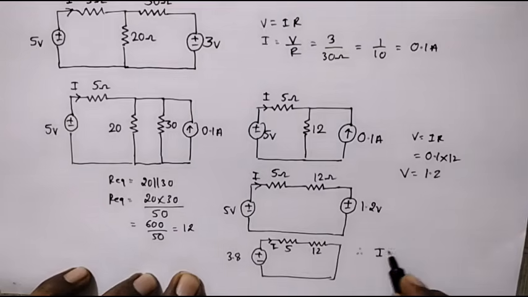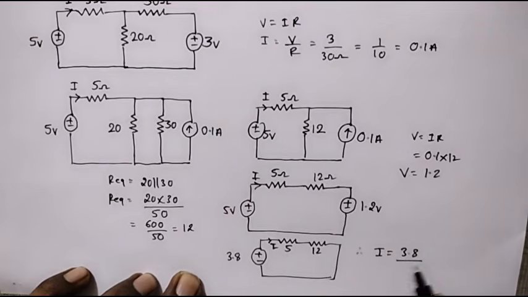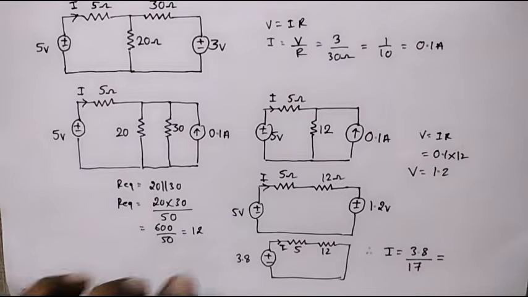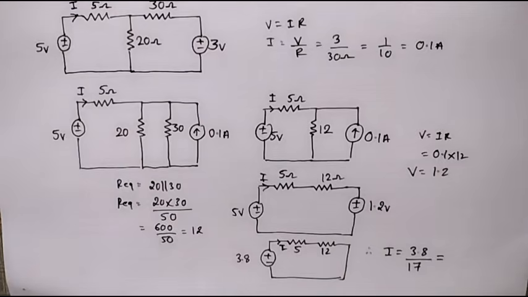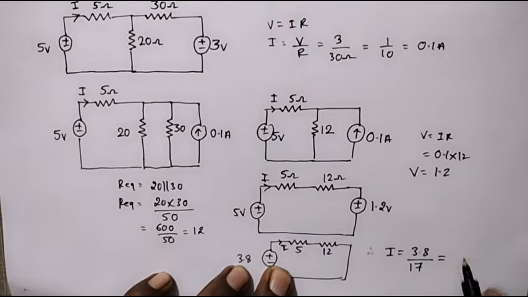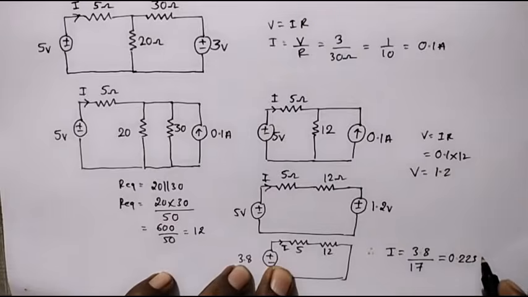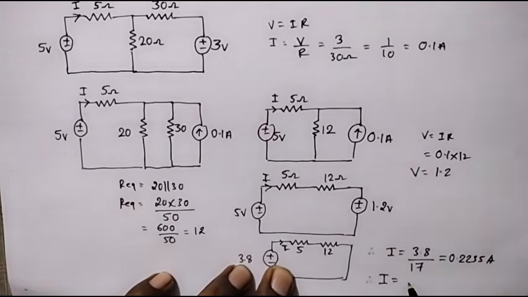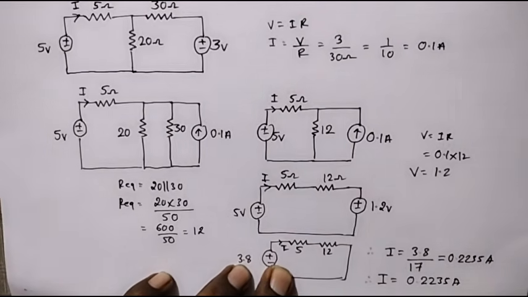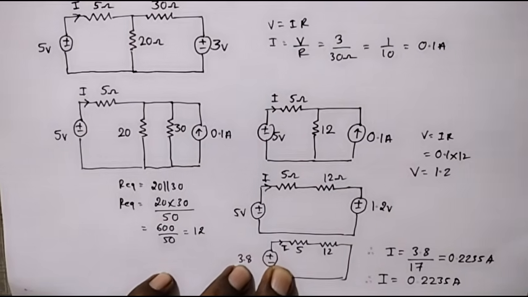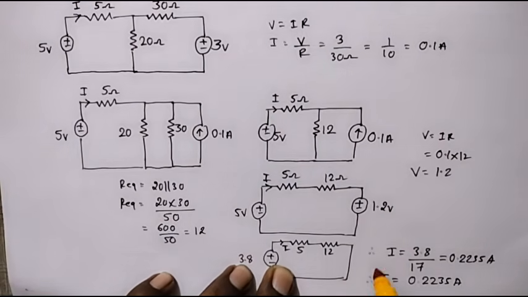Therefore I can say I is equal to 3.8 divided by the sum of these two resistors, which is 17, which is equal to 0.2235 amps. Therefore the current through the 5 ohm resistor is 0.2235 amps. So this is the required answer.